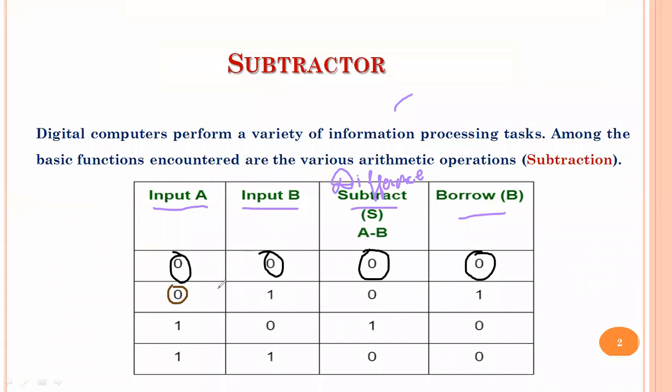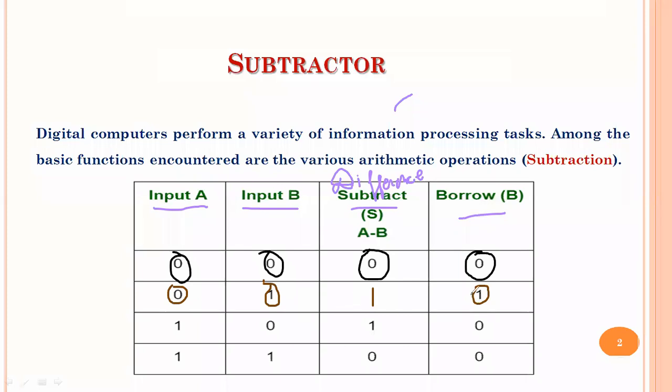So next is 0 and 1. It will become 1, the difference is 1, but at the same time we need to borrow the value.